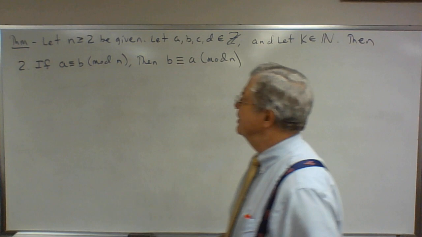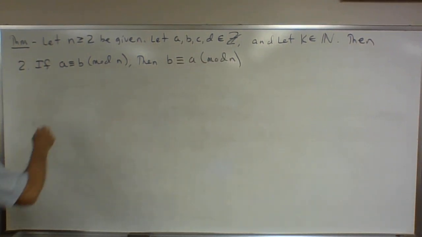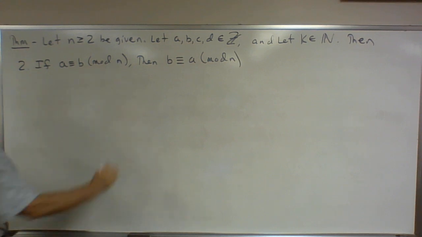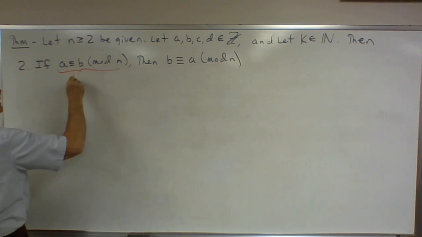Okay, let's do the next one. If A is congruent to B mod n, then B is congruent to A mod n. Here's our hypothesis.